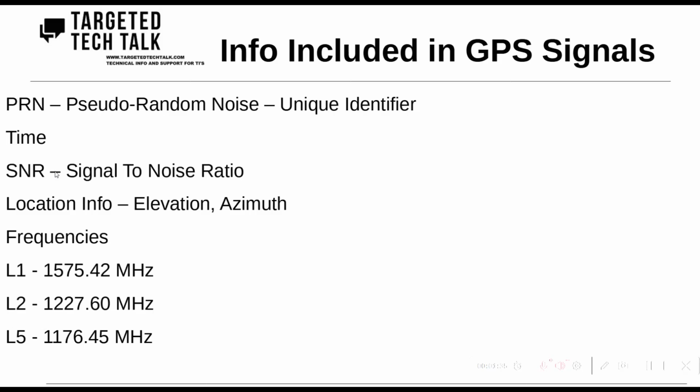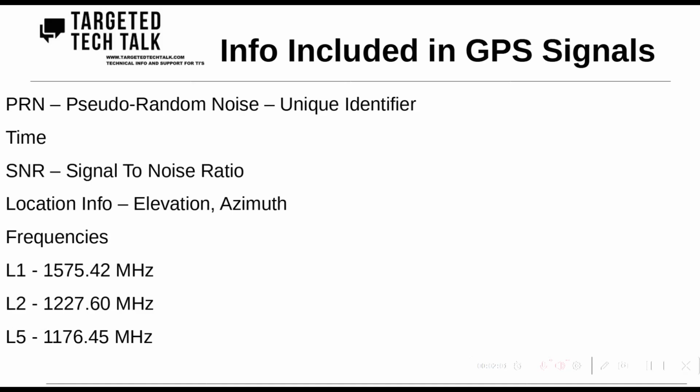The device that I built also displays the SNR, the signal to noise ratio. Basically, this tells us how strong the signal is. You can see the different numbers go up and down for the different PRNs, so that identifies the signal strength for each of the satellites that's in range of the antenna.